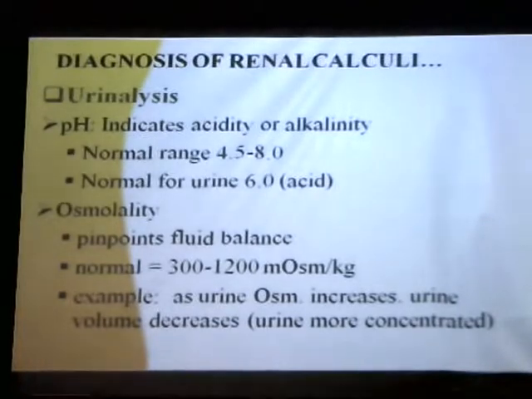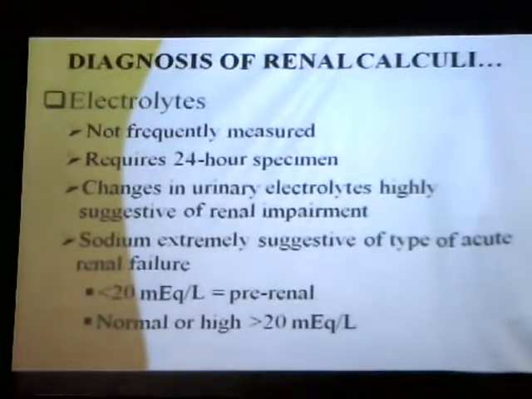Osmolarity pinpoints fluid balance; normal is 300 to 1200 milliosmoles per kg. As urine osmolarity increases, urine volume decreases and urine becomes more concentrated, which leads to supersaturation of urine.